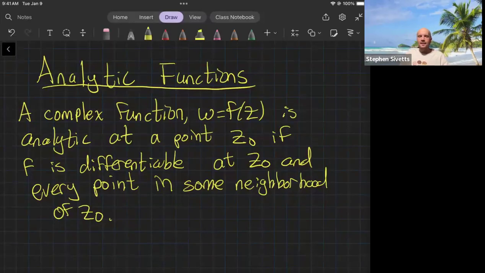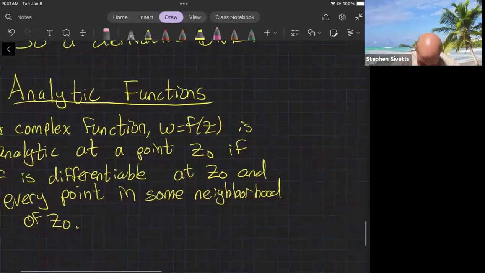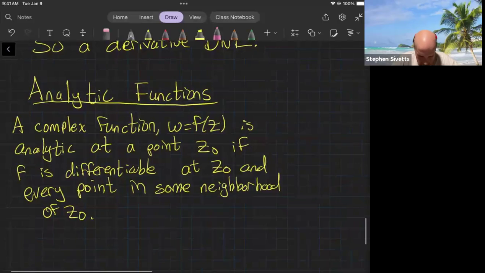Take a look at the definition of what an analytic function is and what a differentiable function is. Analytic is a much more powerful, much more refined definition of how a function behaves at z naught.